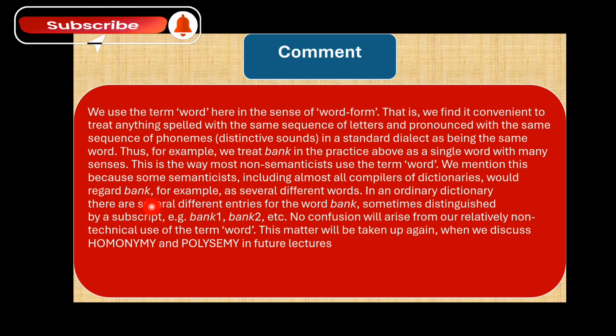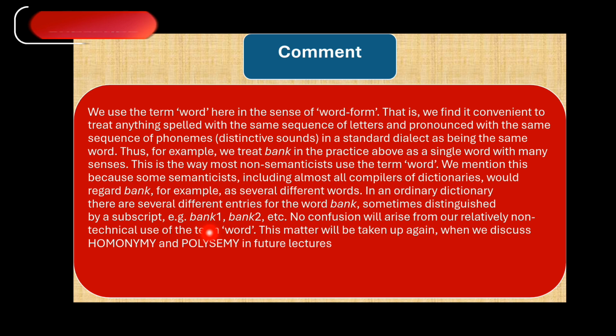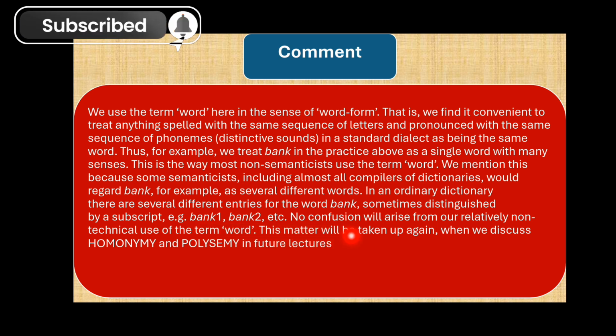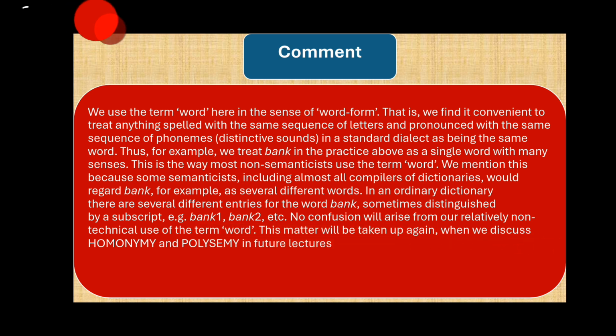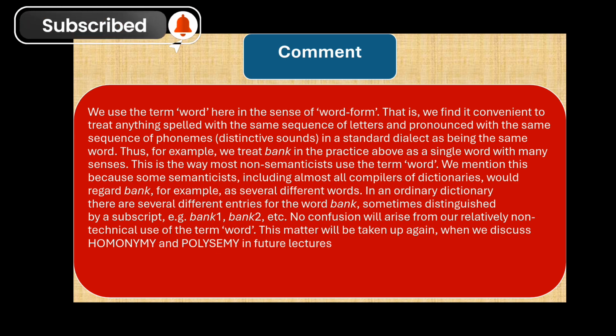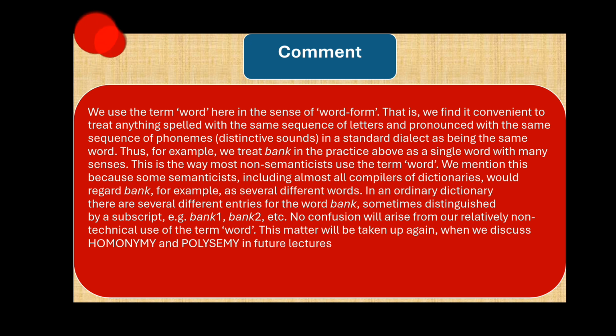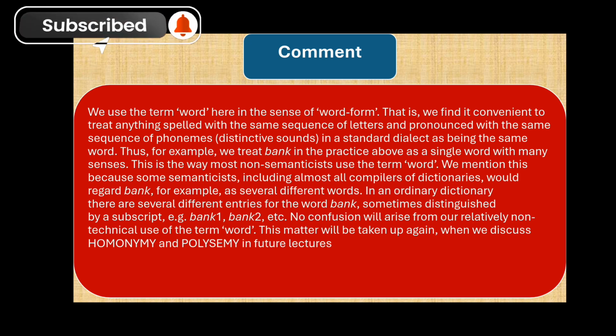They will consider the 4 senses of bank as different words, while some will consider bank as one word with 4 different senses. So in an ordinary dictionary, there are several different entries for the word bank, sometimes distinguished by a subscript, for example, bank 1, bank 2, etc. No confusion will arise from our relatively non-technical use of the term word. This matter will be taken up again when we discuss homonymy and polysemy in a future lecture.